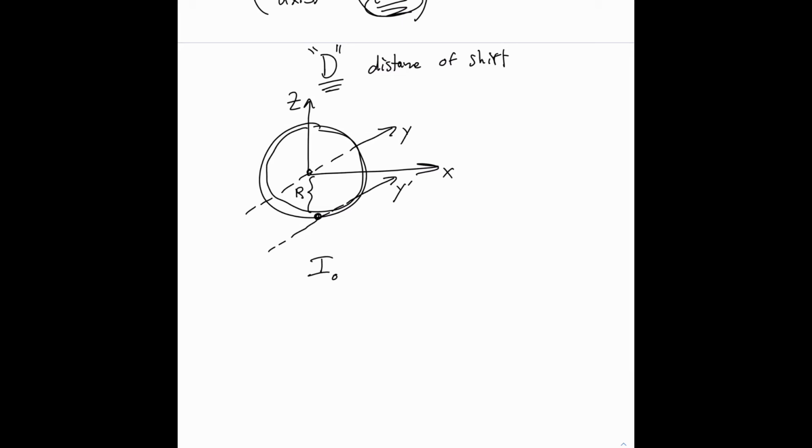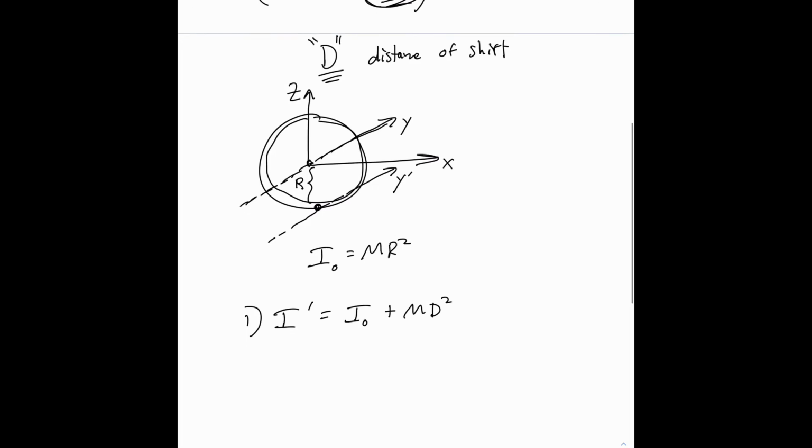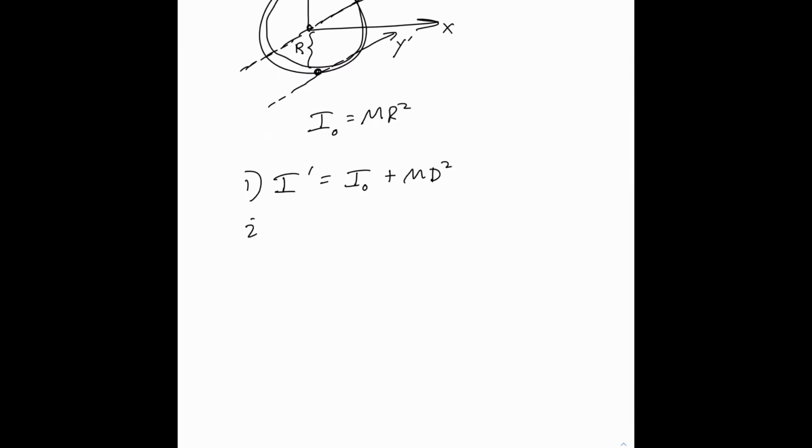So I naught, the rotational inertia about the original axis, is mr squared. So I prime would equal I naught plus md squared, or in other words, I prime would equal mr squared plus mr squared. We would get I prime equals 2 mr squared.